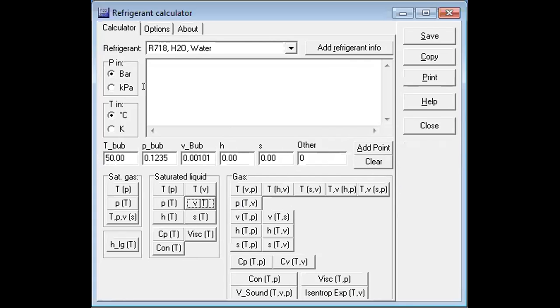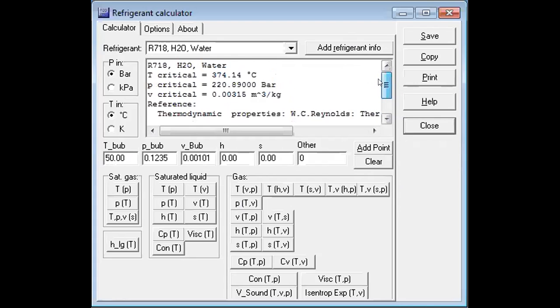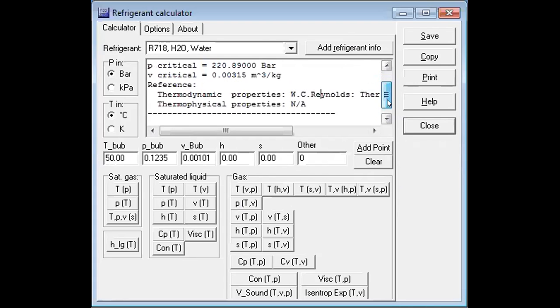So you can get the corresponding values and even add the refrigerant info. We didn't add the info yet, so you can add the information. So far only this much. We will see temperature, pressure, V, enthalpy, H of T. See, the H values are changed.